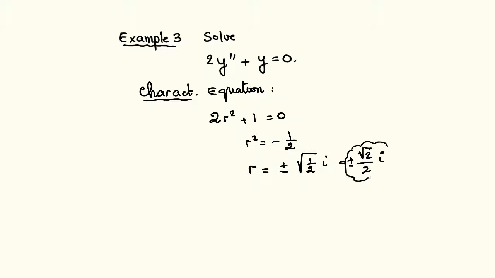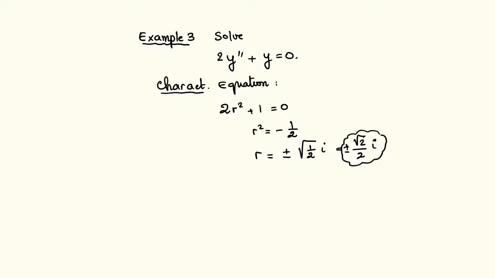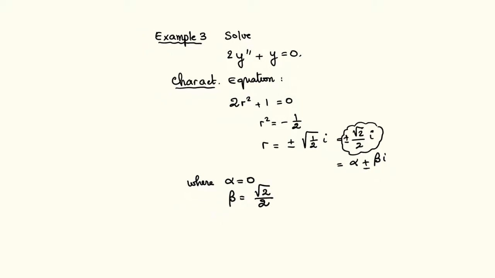So here, our characteristic equation has two complex solutions of the form alpha plus beta i, where alpha is just 0. The real part of this complex root is 0. And beta is square root of 2 over 2.